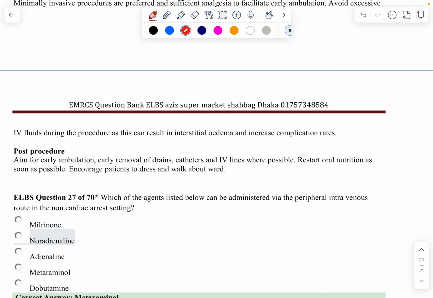Which of the agents listed below can be administered via the peripheral IV route in a non-cardiac arrest setting?